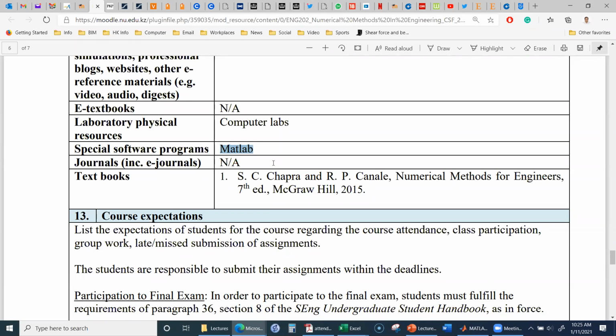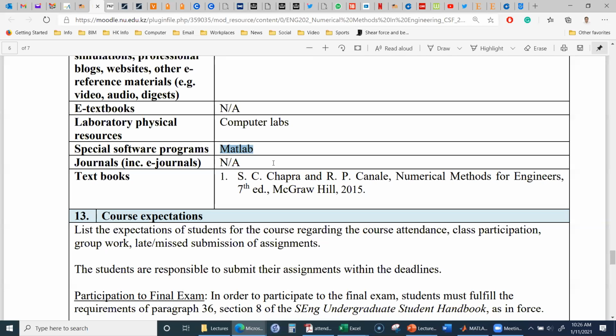And the good thing for MATLAB is that you can download this software from the MathWorks website, and then they can also provide you the license for that. So in this case, you don't have to rely on the IT department from NU to use this software. So you can use this software on your own computers.